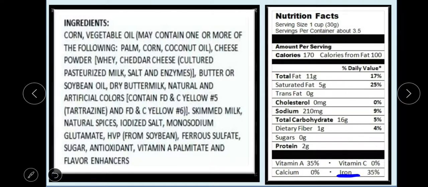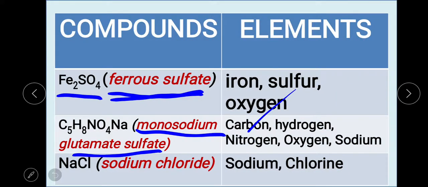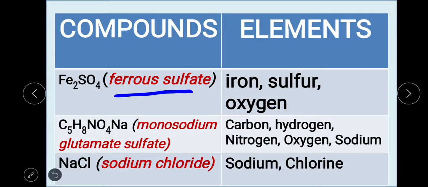Why is it that they became minerals? Because they are combined with other elements. For example, ferrous sulfate is not containing iron alone. It contains many elements. Ferrous sulfate contains iron, sulfur, and oxygen. So it is not iron alone.